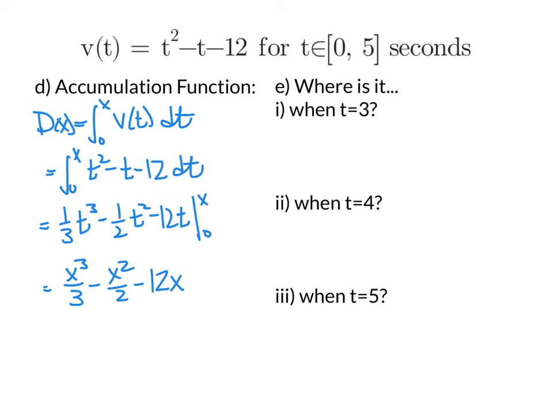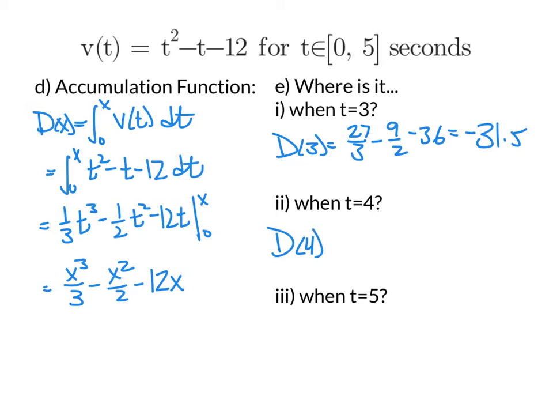Okay. We can use that to figure out where the particle is after 3 seconds and 4 seconds and 5 seconds. So if we want to find out where it is, we're just going to find d(3). So 3³/3 - 3²/2 - 12 times 3, and we should get negative 31.5. So it's going to be at negative 31.5 on the x-axis, so 31.5 units to the left of the origin.